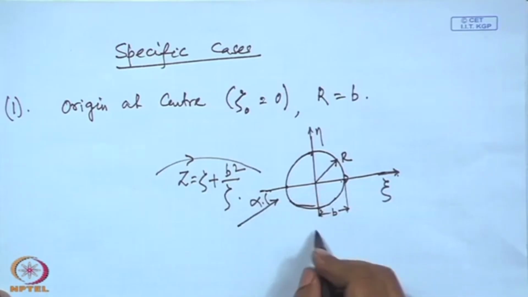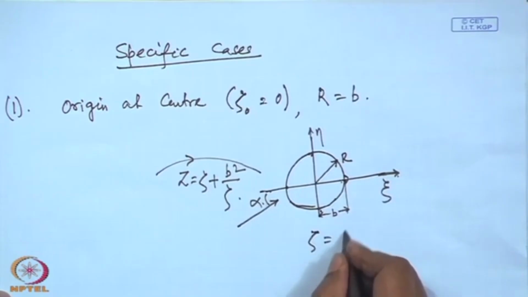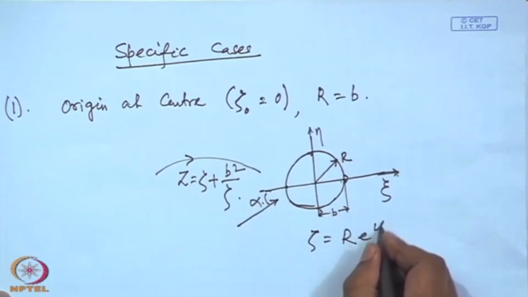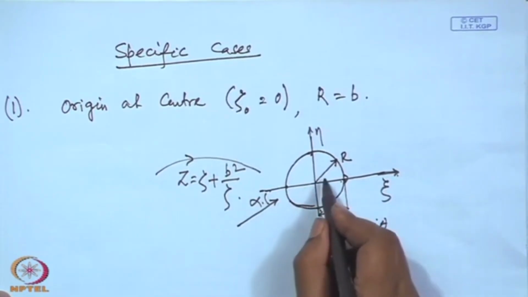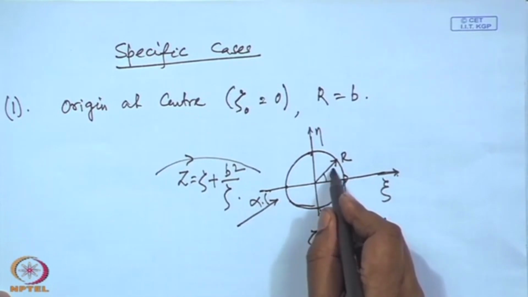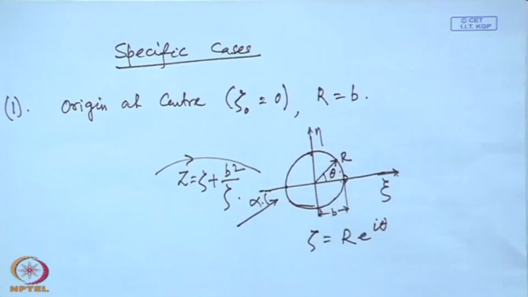See, in this case this zeta is r e to the power I theta. Then what is z?